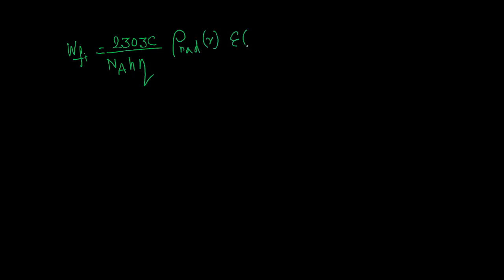So what we left from the last derivation is WFI, which is nothing but 2.303 C N A H. This is the rate of transition from I to F. So this is proportional to the rate constant, Einstein rate coefficient, into radiation density. Okay.